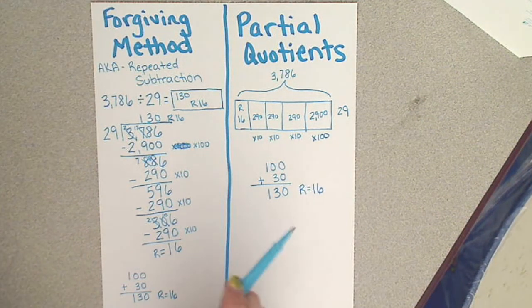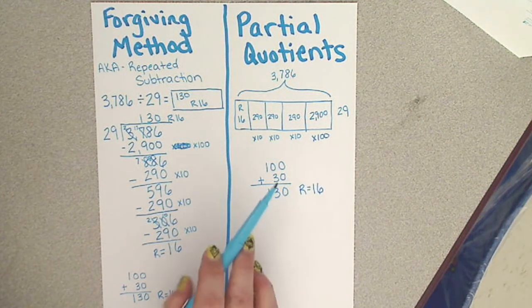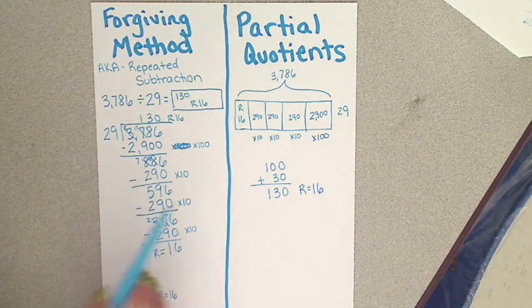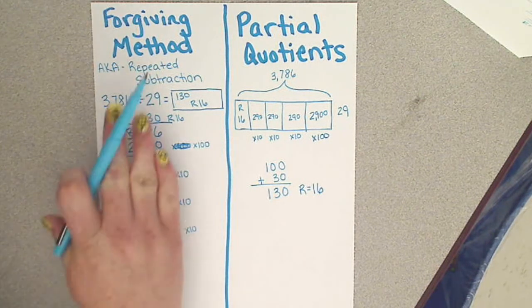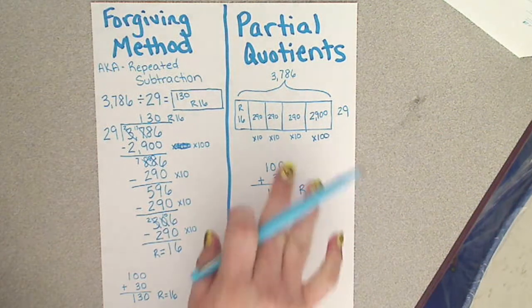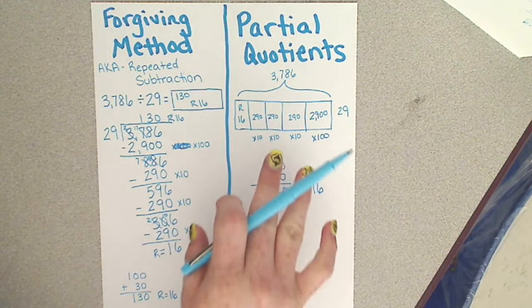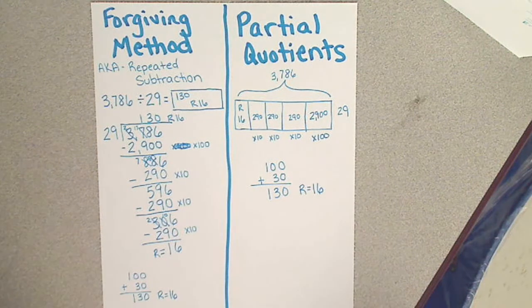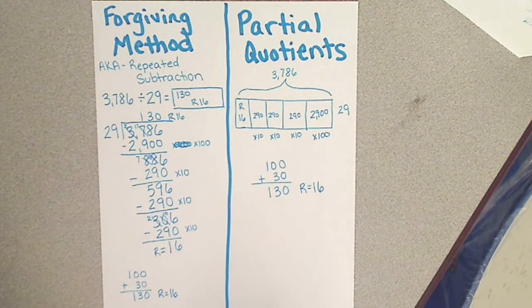Truthfully, partial quotients is, to me, just a way to break this down into a more simplified version. If this helps you, awesome. If not, I don't want you to freak out over it. Truthfully, I don't like forgiving method, especially once we get into decimals, because I feel like it confuses students.